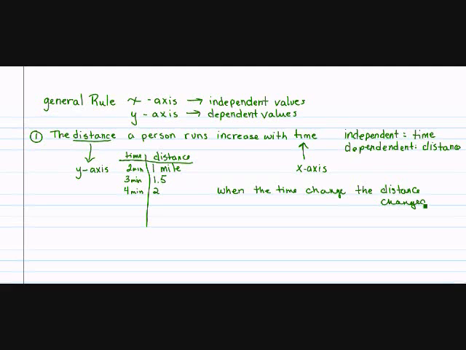Your independent would be your time here, and your dependent would be your distance. The reason we go over this is because we are going to take a look at how to analyze a graph. And analyzing graphs are one of my favorite things to do.